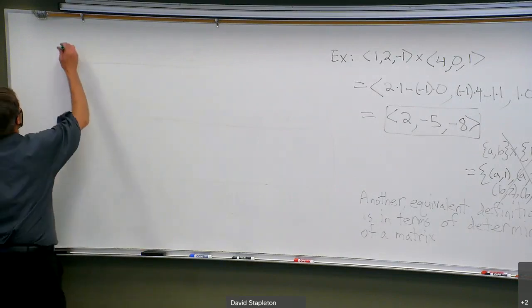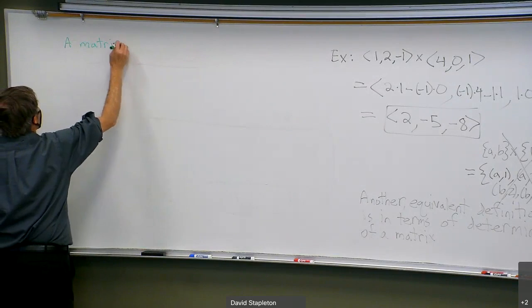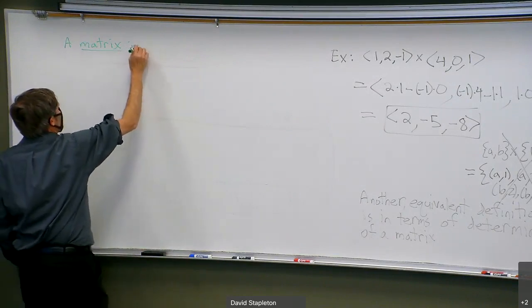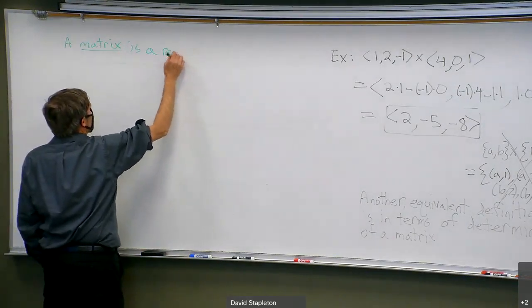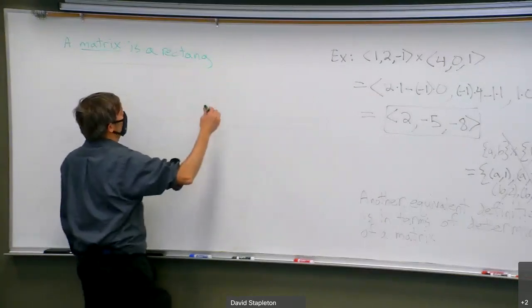Here it is. A matrix is just a rectangular array of numbers. Just put numbers into rows and columns is all it is.